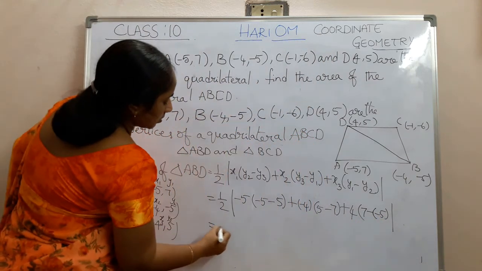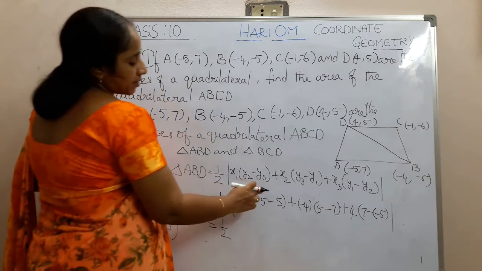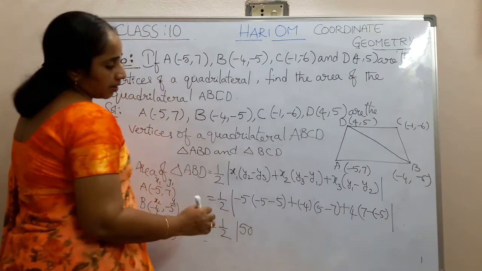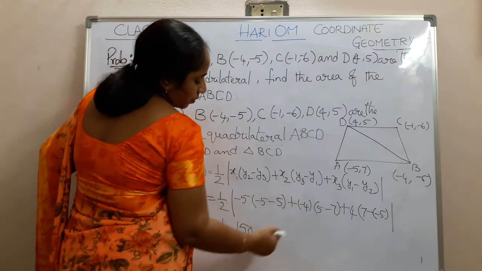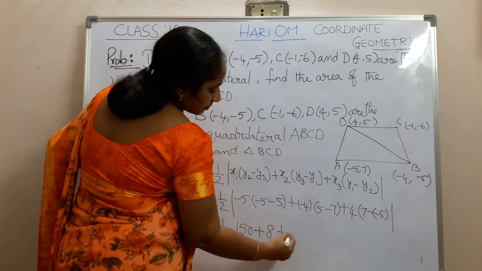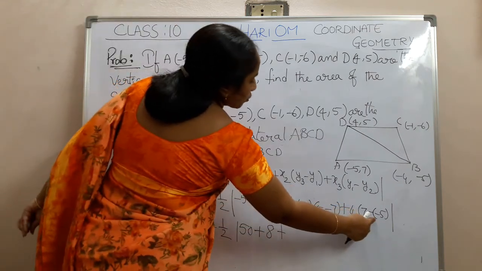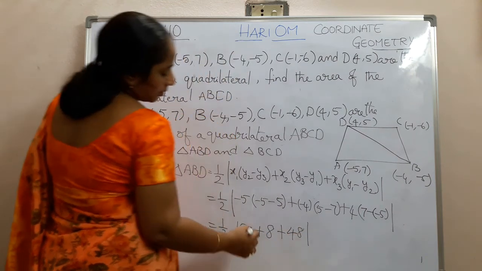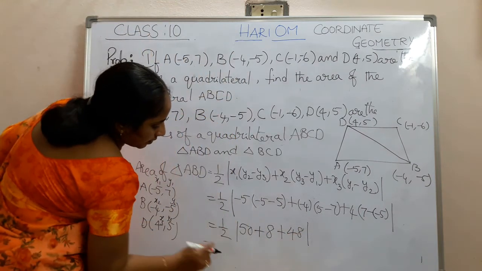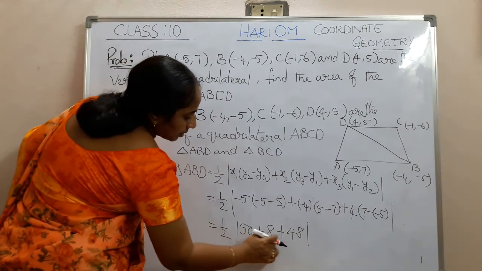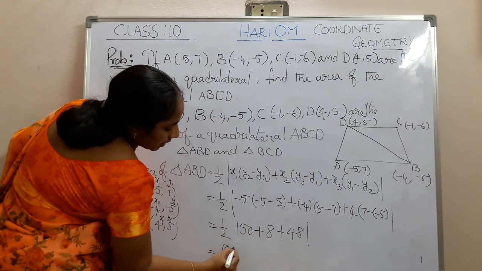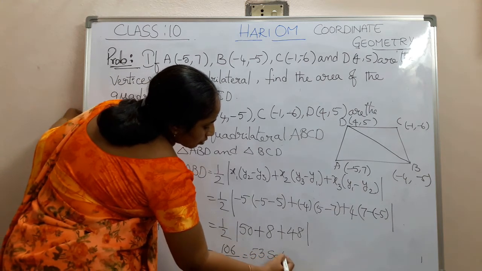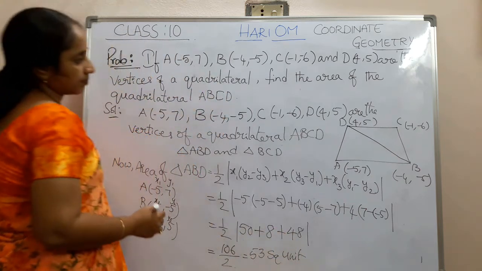That is equal to half of minus 10 minus 5 plus 50, minus 2 minus 4 plus 8, plus 12 plus 4 plus 48. Now it is 158 plus 48, 106 by 2. It is 53 square units.